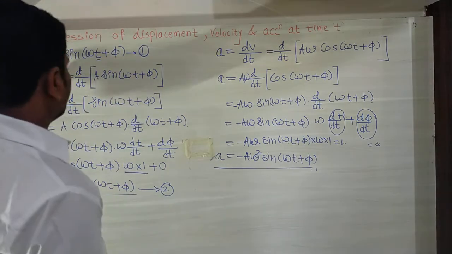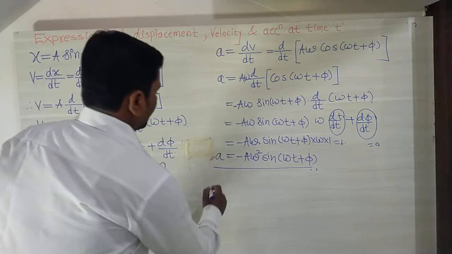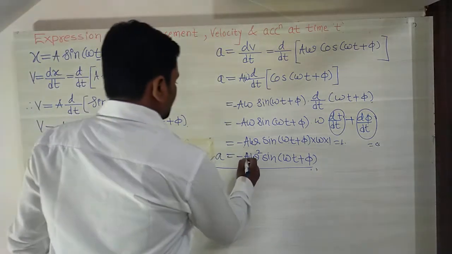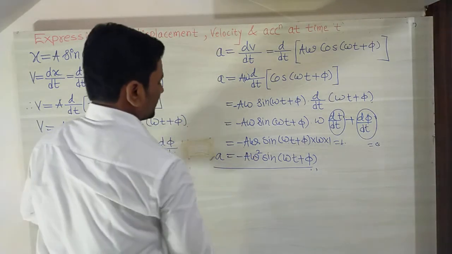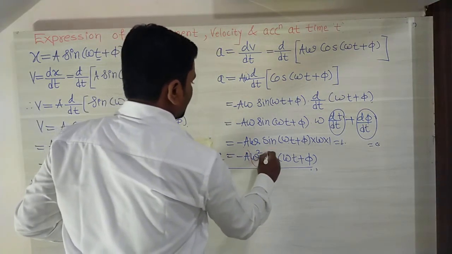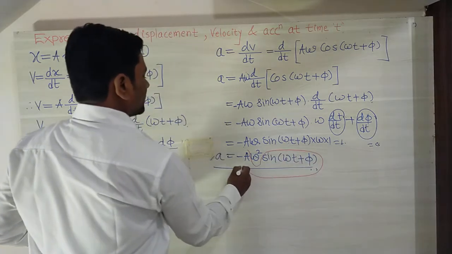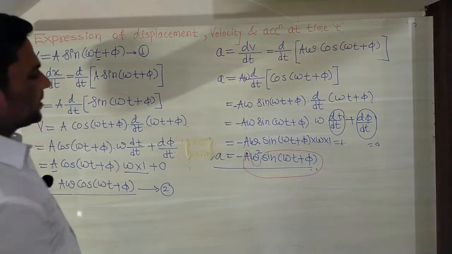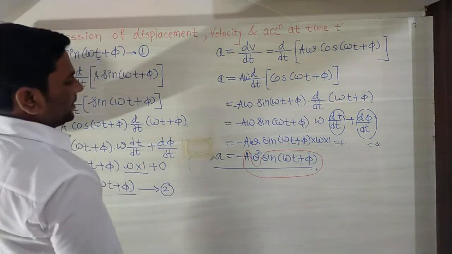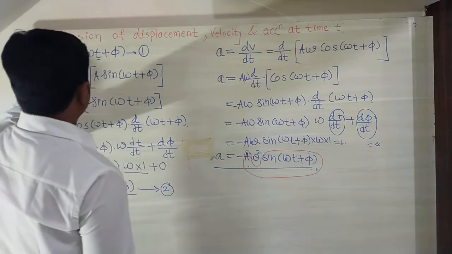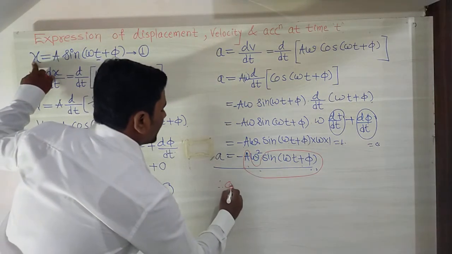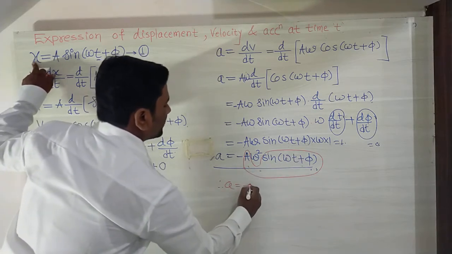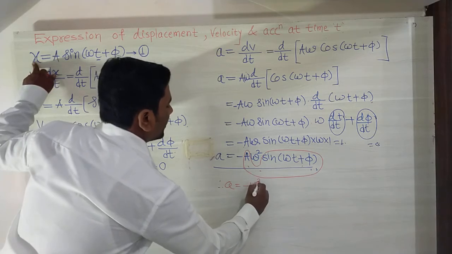So we know the first equation, x is equal to a sin of omega t plus phi. That a sin of omega t plus phi is called the displacement. So we say that acceleration is equal to minus omega square, and that whole term is the displacement, so minus omega square x.